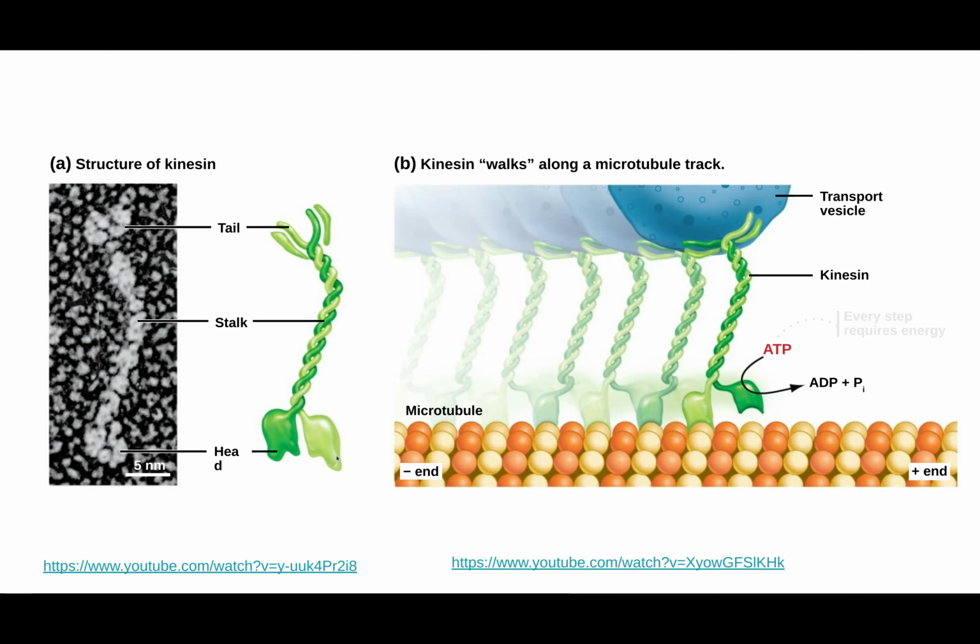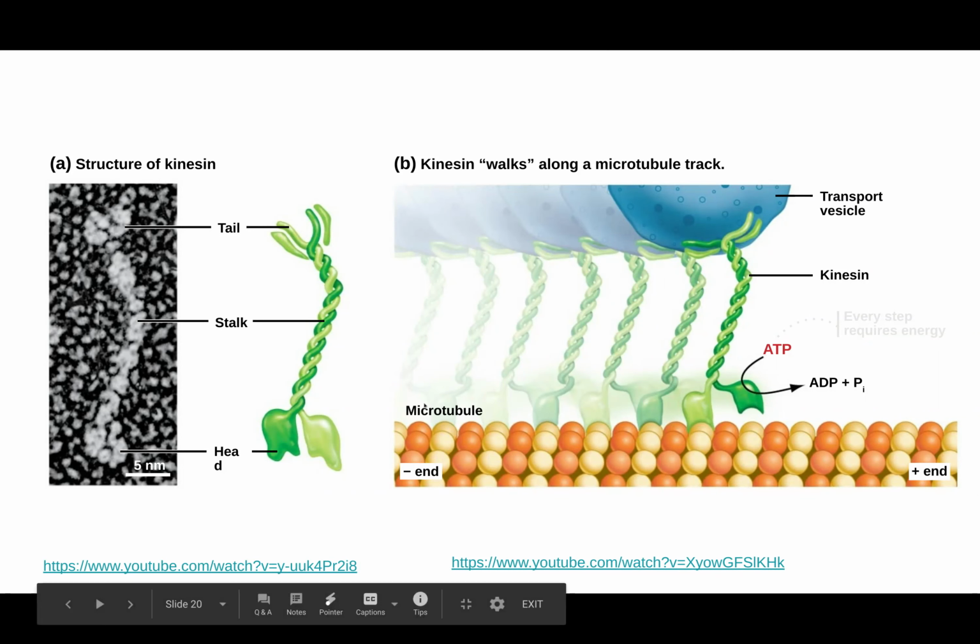And the idea is if we have a microtubule, part of our cytoskeleton, these kinesins actually walk along the microtubule track. The tail of the kinesin, or the chaperone protein, will bind to the vesicle. And remember, everything is moved in between organelles by vesicle. Nothing just goes through the cytoplasm willy-nilly. So we have the tail that physically binds to the vesicle. And basically these heads will bind to the cytoskeleton.